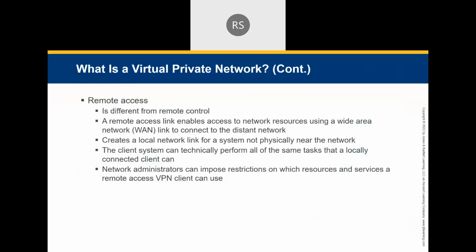So this creates a local network link for systems that are not physically near that network. The client system can perform all the tasks that a locally connected client can. And also, network administrators can impose restrictions on the resources and services that are accessible to remote access VPN clients.